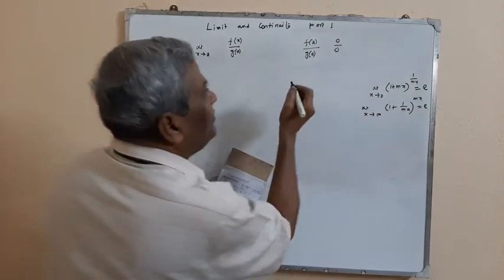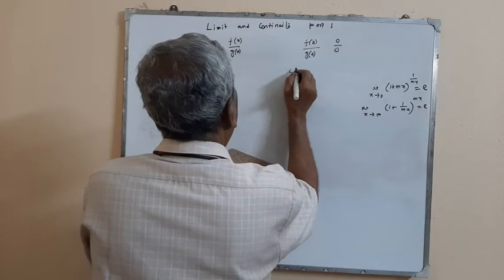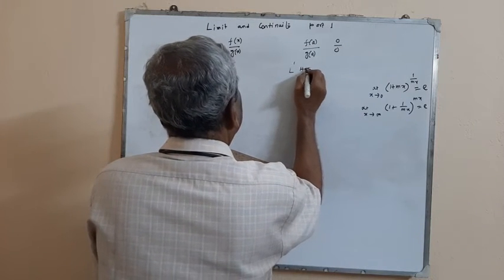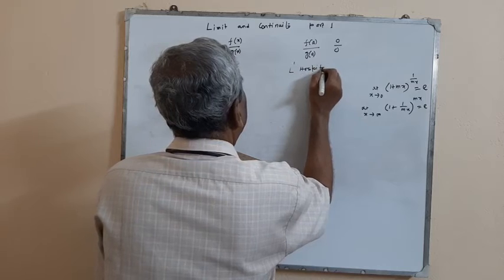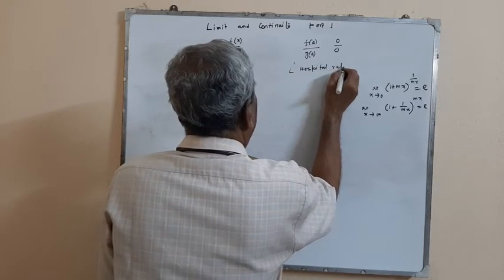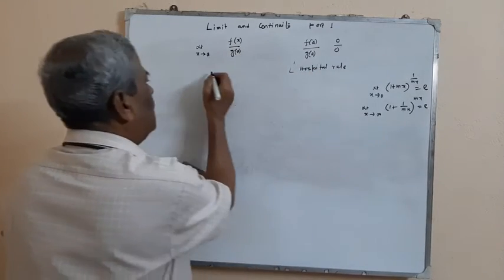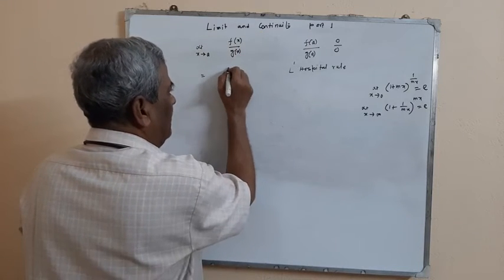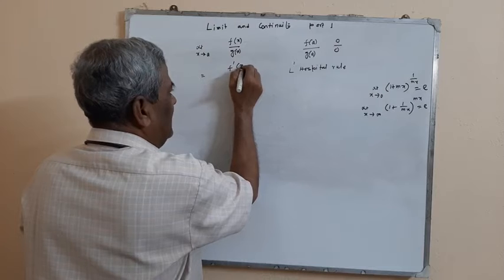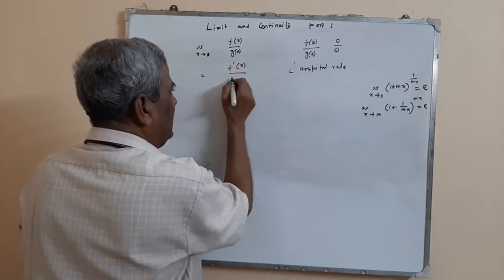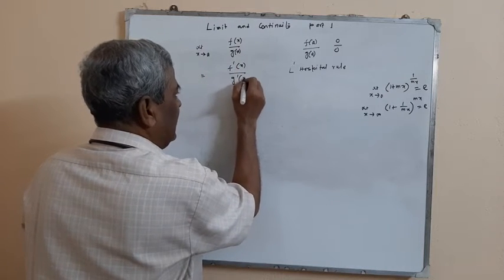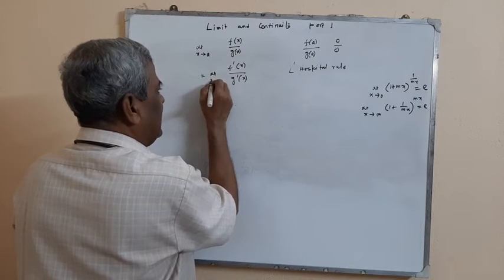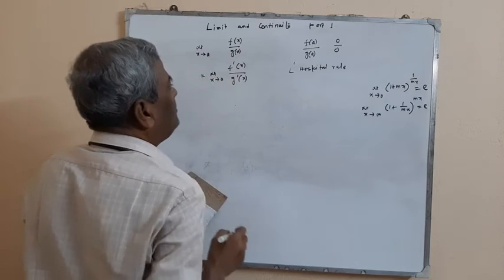L'Hospital rule is applicable. What is that? Now we have to find simply the derivative of the numerator only, f dash x by the derivative of the denominator g dash x, limit x tending to a.